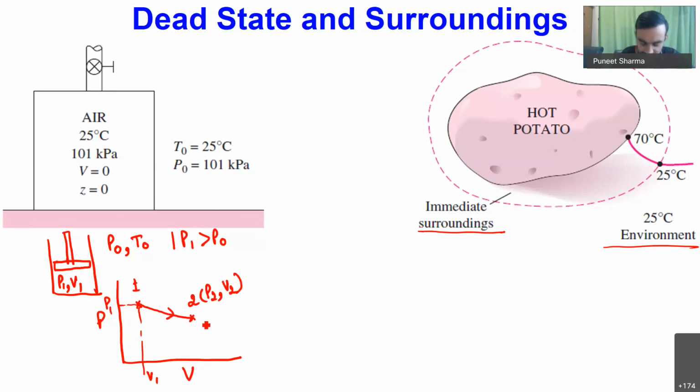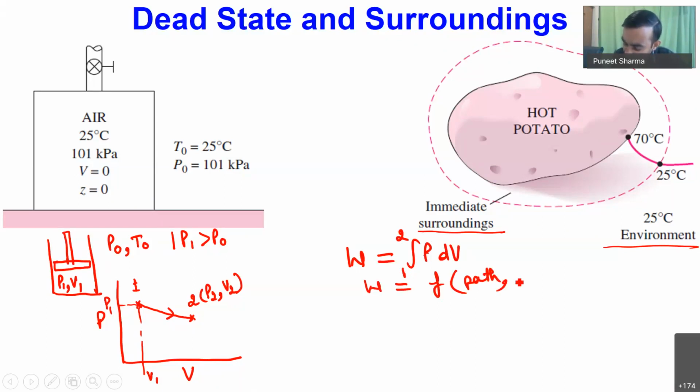We know that work done by the system is nothing but the integral of PdV. Over here we are doing this integration from 1 to 2, and obviously this integral of PdV will depend upon the path of the system. So work done by the system is a function of the path of the process.